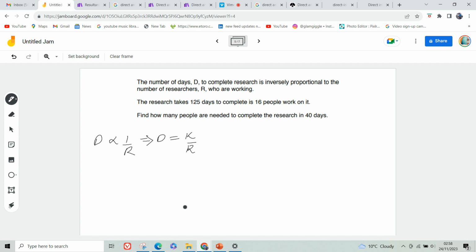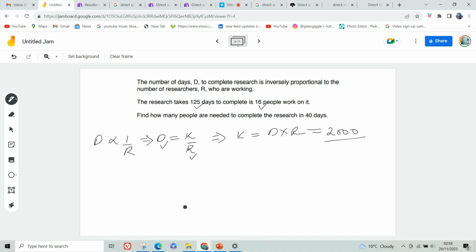Simply sub the value of days and researchers, so we will get K. K is equal to D times R, so that is 125 times 16, that is 2000. So we have got the value of K as 2000.